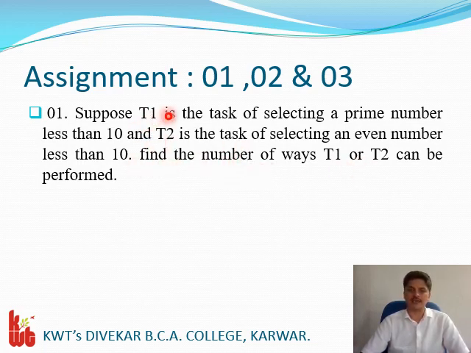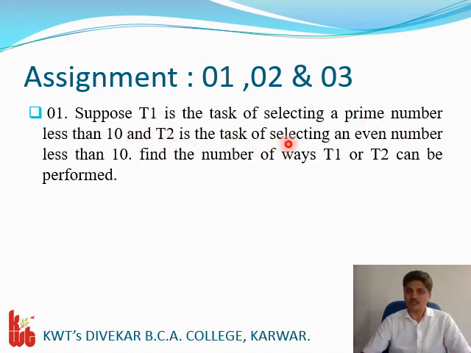So two tasks are there. One task is selecting a prime number less than 10. You need to find how many prime numbers are there which are less than 10. In order to identify, you need to first learn what a prime number is. You can shift back to class 8, standard 8, in which you have studied what a prime number is.